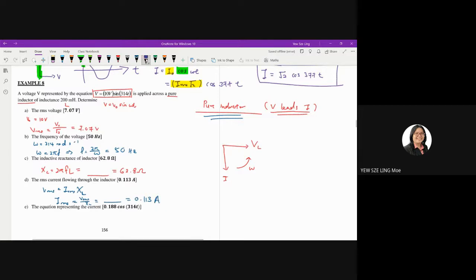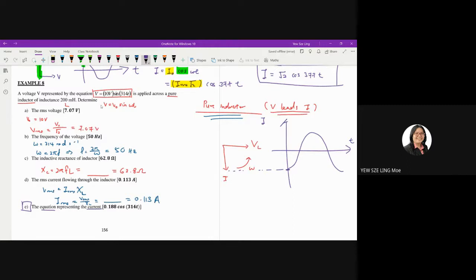Now let's look at question E again. Now I ask you to form an equation representing current. So let us go back to the phasor diagram. On the right hand side, this is the phasor diagram for the pure inductor circuit. If I do a projection onto an I against t graph, my I starts from negative maximum. So this is the shape of my current in a pure inductor circuit.